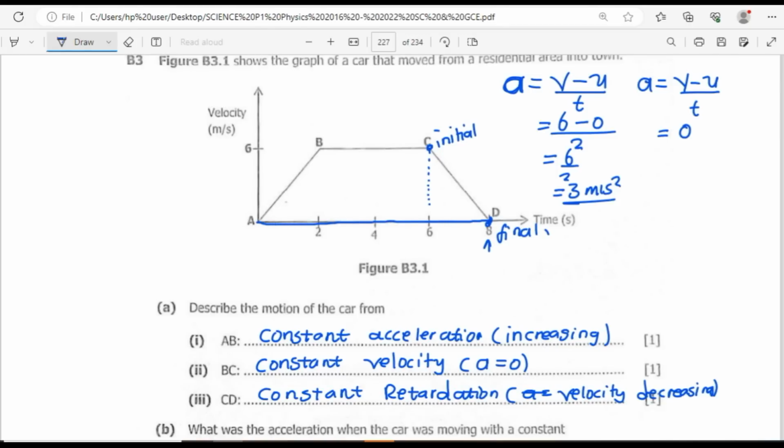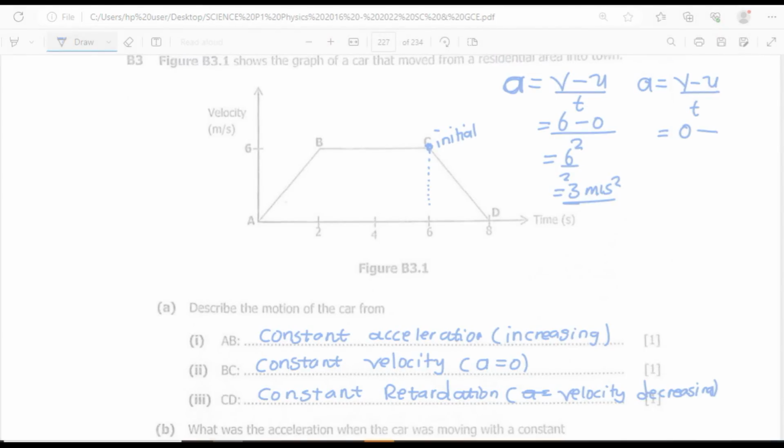So in the y-axis at this point, we have 0. That's why we are saying the final velocity is just 0 here, minus the initial at this point. So you do the same. You can see that here we are going to get the number, which is 6.